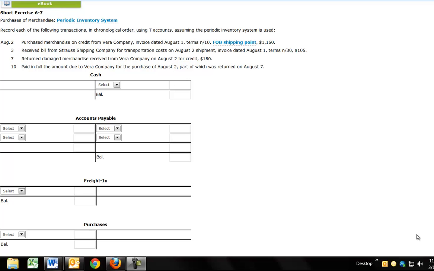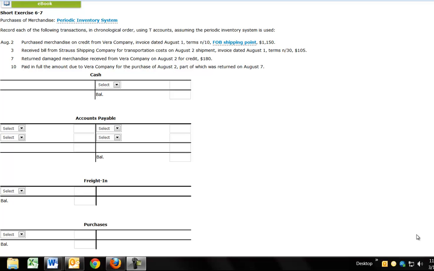So August 2nd says that we purchased merchandise on credit from Vera Company, invoice dated August 1st, terms N10, FOB shipping point for $1,150. So August 2nd is the day that we will record our journal entry. Terms N10 means that the net amount is due in 10 days. We have 10 days to pay our bill.